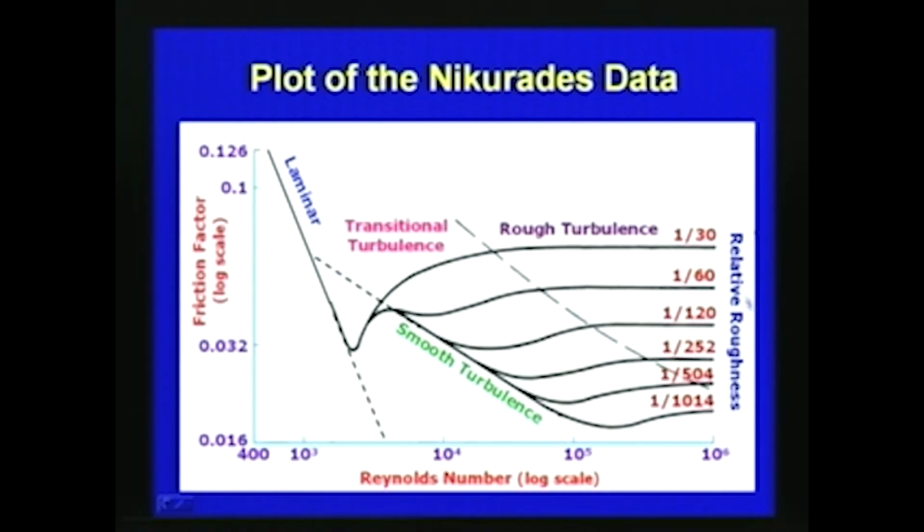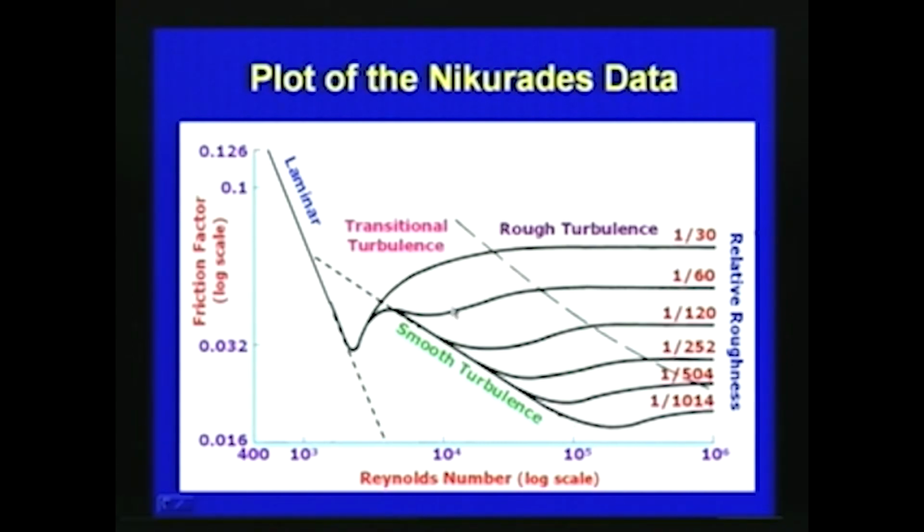For various relative roughness values, Nikuradse produced this graph. Here is the rough turbulent zone, this region is the transitional turbulent zone, this is the smooth turbulent zone for smooth pipe, and this is the laminar range.